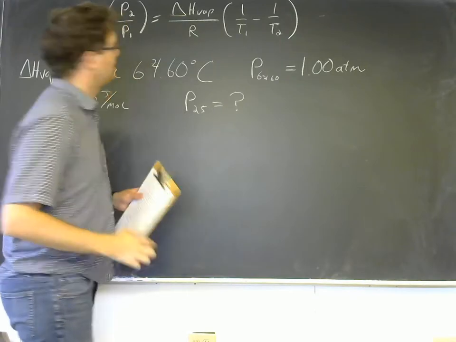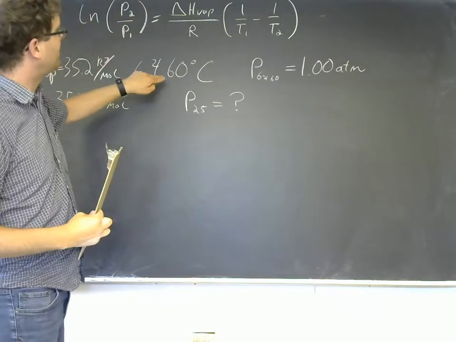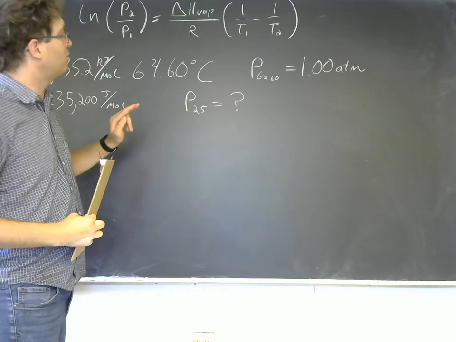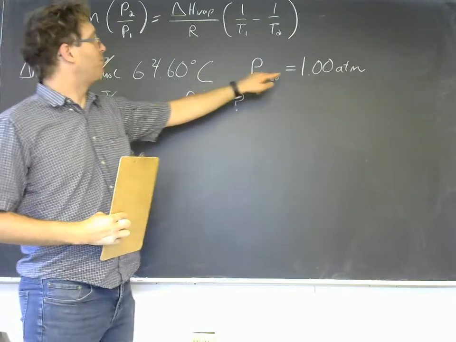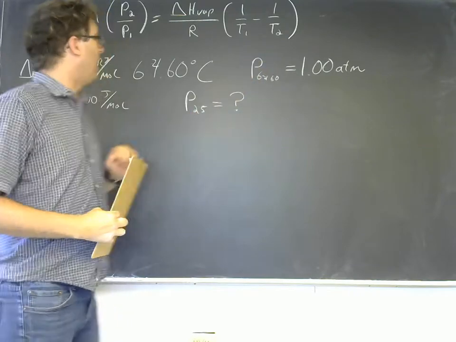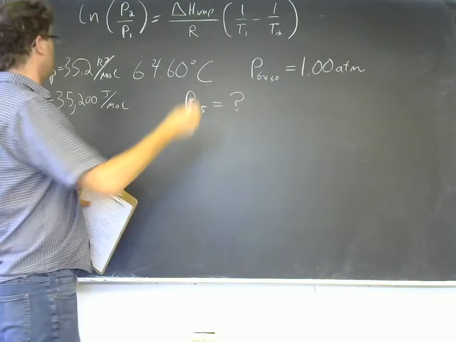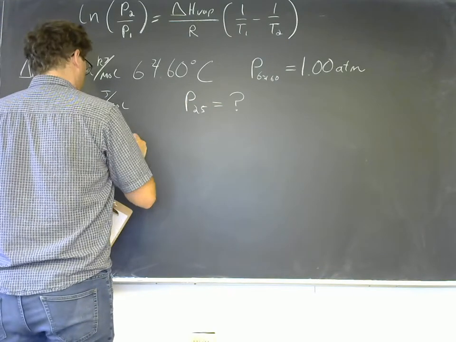So let's look at what we have. We have a temperature 1, we've got 25 as temperature 2, we've got pressure 1, and then our unknown pressure is pressure 2, and we've got this enthalpy of vaporization. So let's put this into our equation.